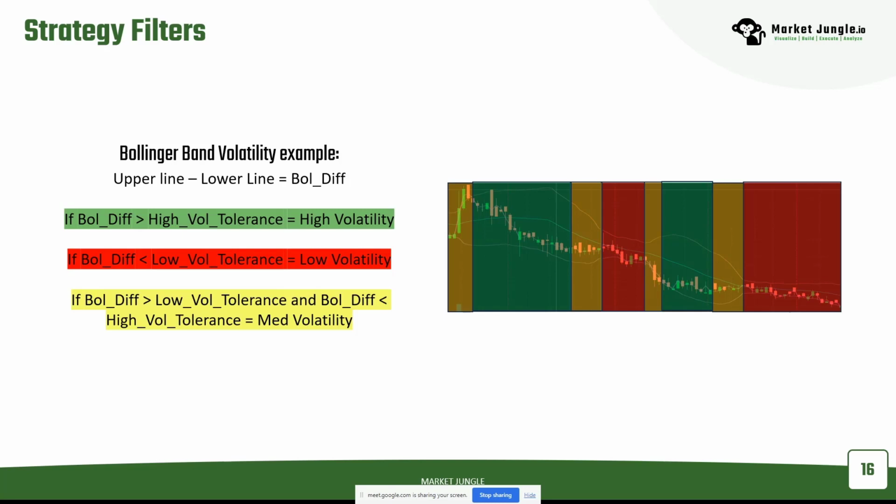In between, below a certain tolerance, we'll classify it as low volatility. In between those two, we'll classify it as medium. Just a way, again, to segment the market, and that way we can look at our strategy through different lenses to understand where is it operating the best. In this example, this one's using Bollinger Bands, but there's many other examples using like ATR and many other indicators as well.